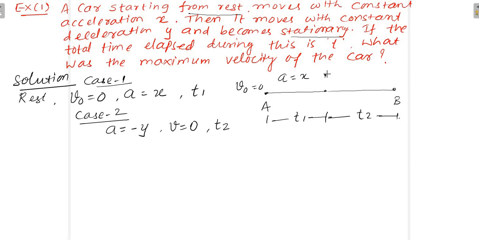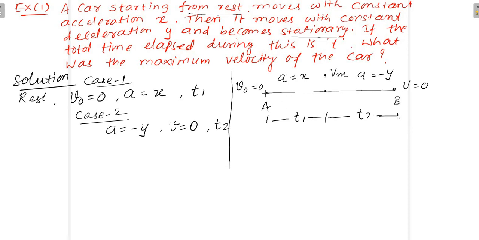So this is the point at which you have maximum speed Vm, and then it decelerates with a equal to minus y, and final velocity v over here is again 0, right? So this drawing we have created gives me a clear idea about what has happened.